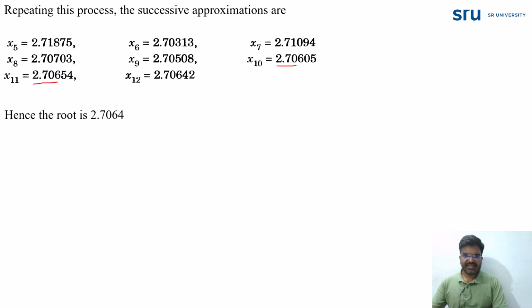So finally, x11 and x12 are same up to three decimal places. So we are stopping the process at x12. Means we are expecting the accuracy up to three decimal places.